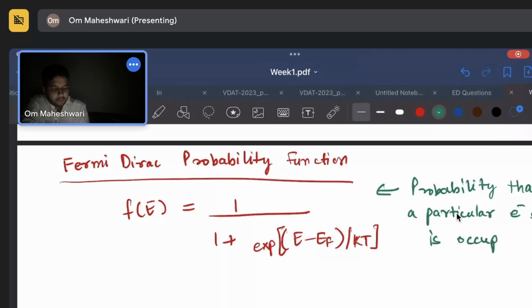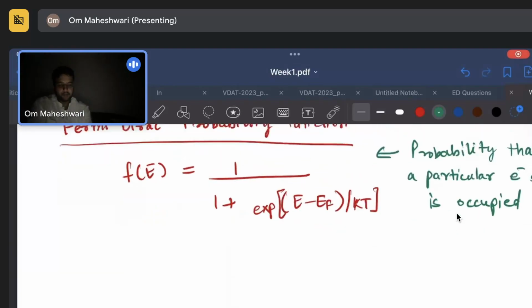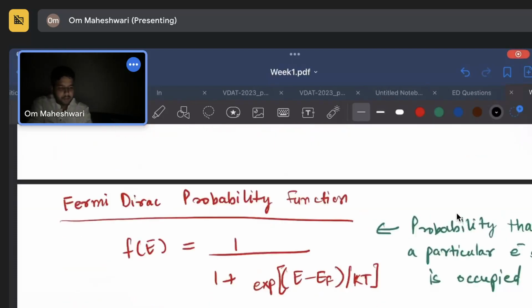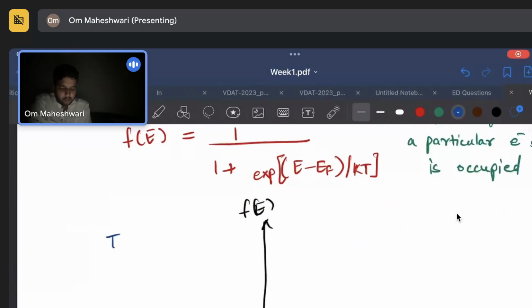So how this works is, if I plot this function, f of E versus E, let us take a few cases at T equal to 0, at zero temperature.